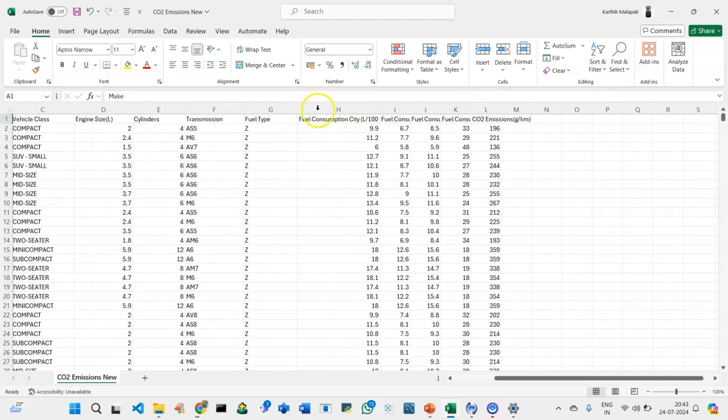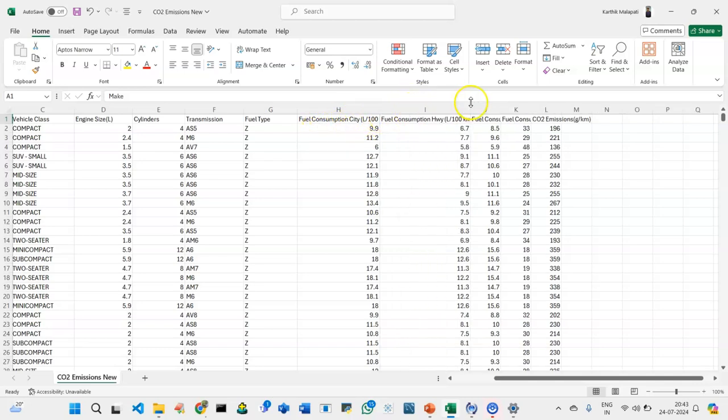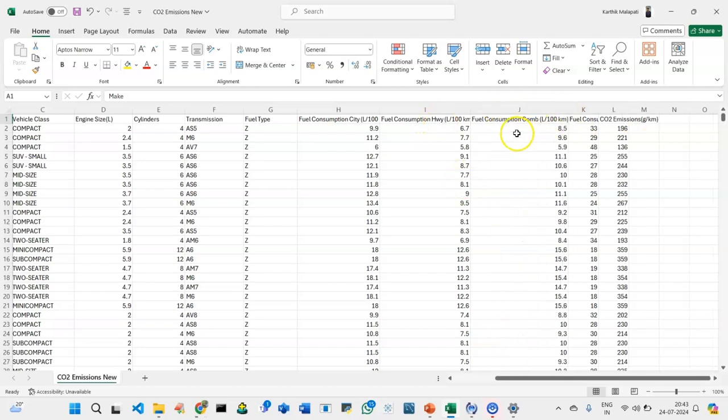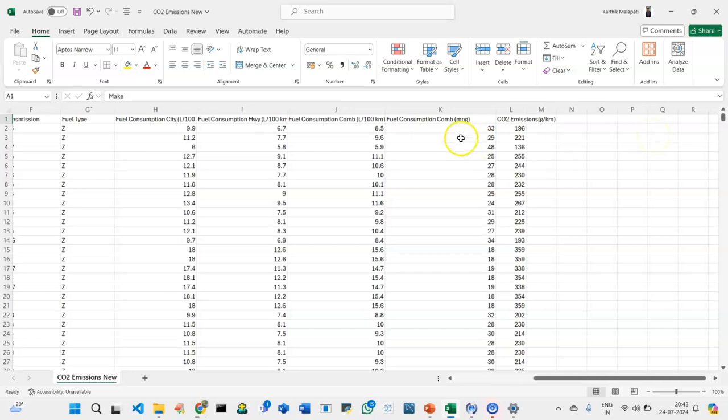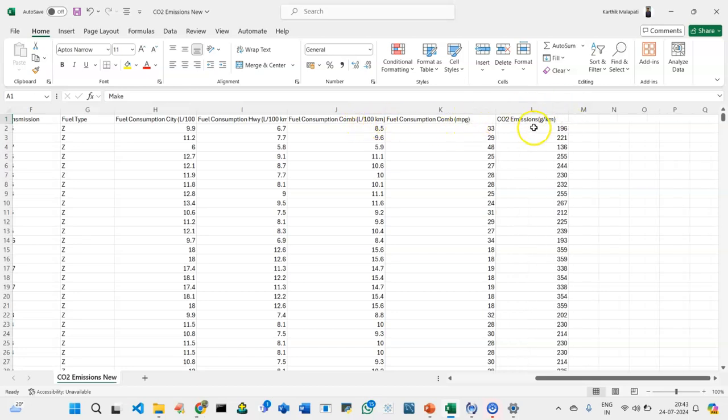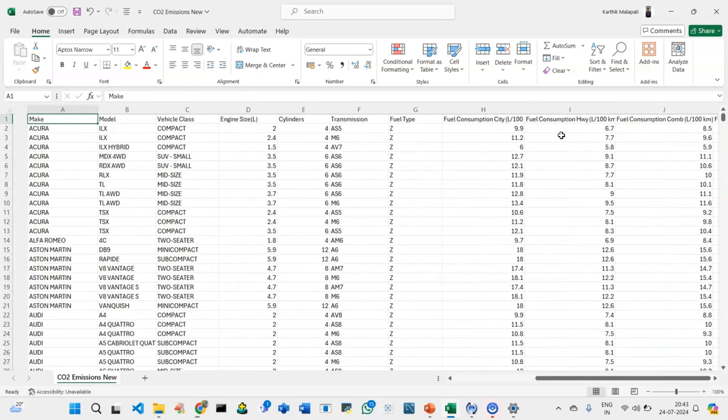The main part is fuel consumption in the city, fuel consumption on the highway, and fuel consumption combined for city and highway. Then fuel consumption combined in miles per gallon. Here we need to note that one is in liters per 100 kilometers and the other is miles per gallon. And CO2 emissions are in grams per kilometer, so how many grams of CO2 it is releasing.